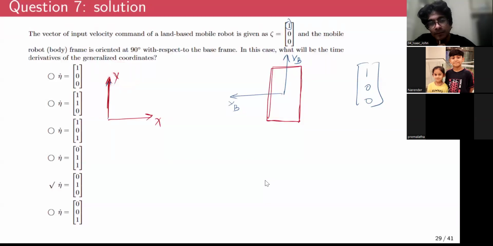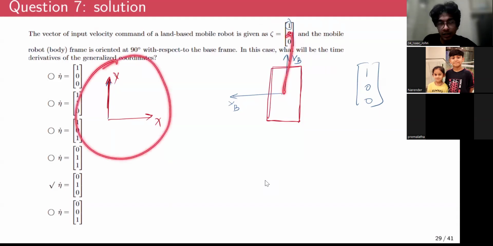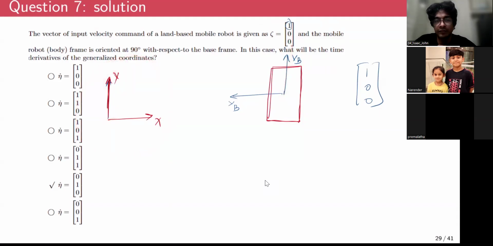So 100 with respect to the body frame is 010 with respect to the fixed frame. Is that clear? Yes, sir.